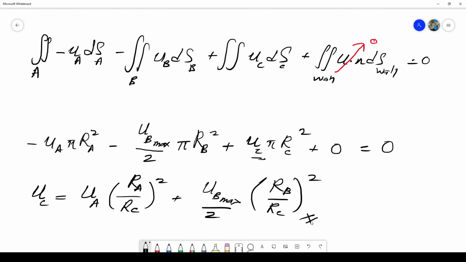So this is how we determine the velocity at any station within our control volume by using the integral form of our continuity equation.